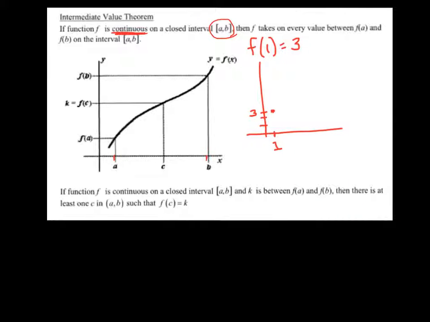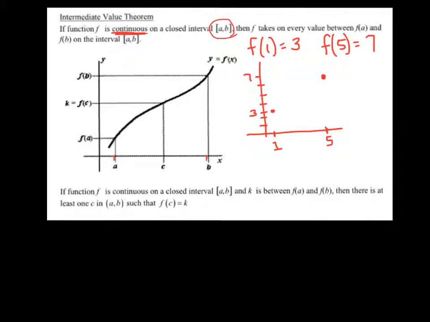And then I also tell you that f of 5 is equal to 7. So at x equals 5, we're at a height of 7. So 3, 4, 5, 6, 7. Okay, and I have that point. So those 2 points are on this graph.